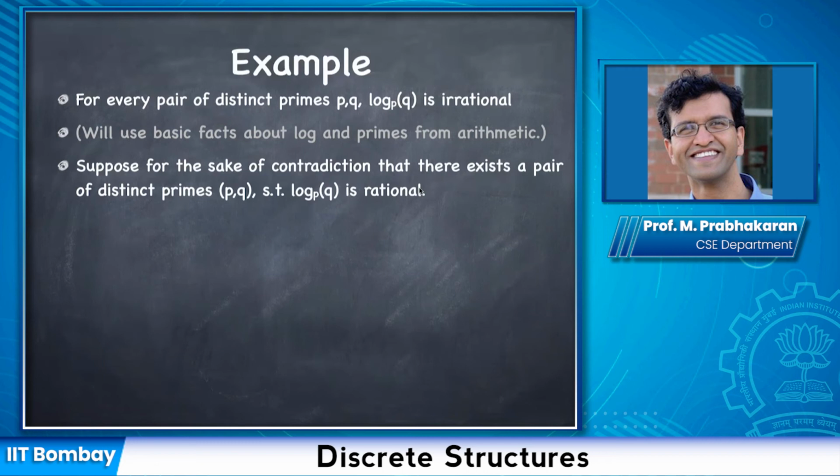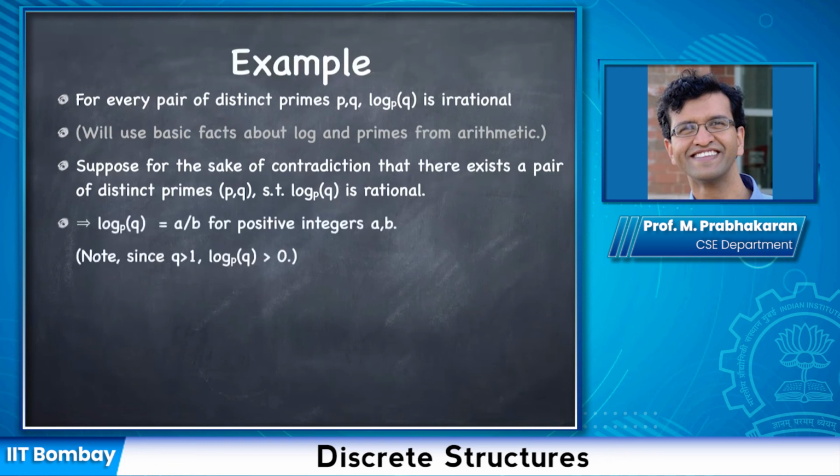So that's important. It's saying that there exists a pair of prime numbers for which this logarithm is rational. Now, what does it mean to be rational? Well, it means there exists some positive integers a, b such that the logarithm here is of the form a divided by b. Okay, and I'm skipping over details like these are positive integers and so forth.